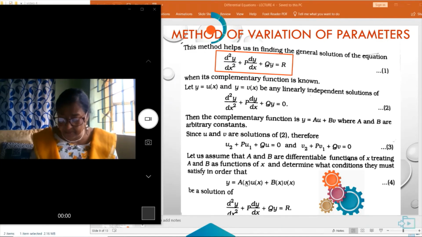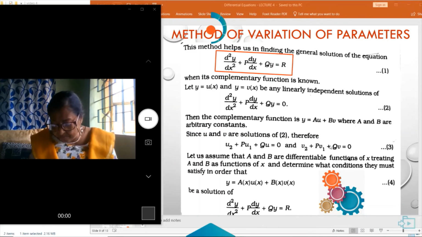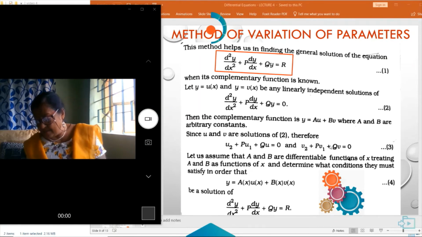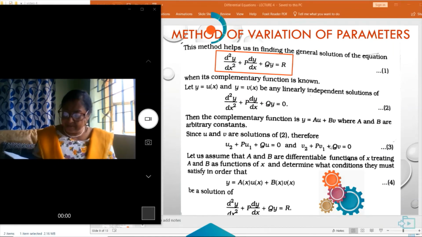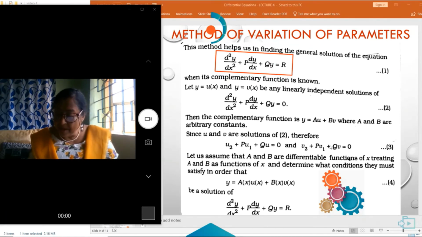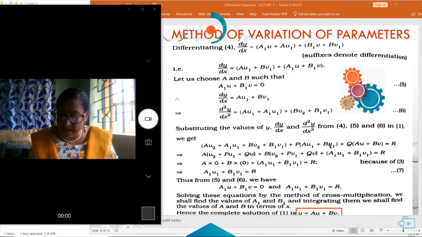Treating a and b as functions of x, we determine what conditions they must satisfy in order that y is equal to a(x) times u(x) plus b(x) times v(x) be a solution of d2y/dx^2 plus p dy/dx plus qy is equal to r.